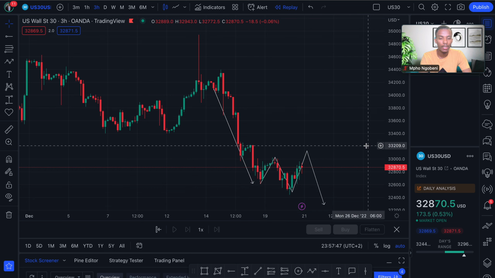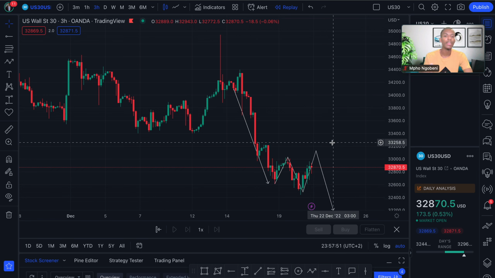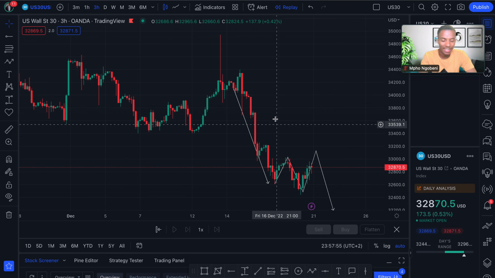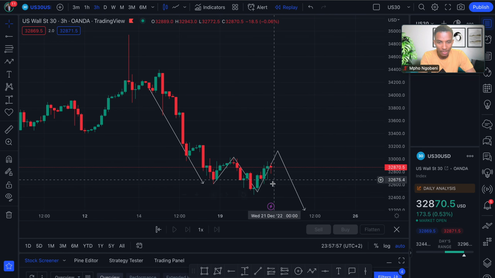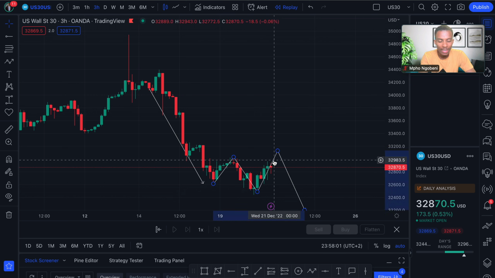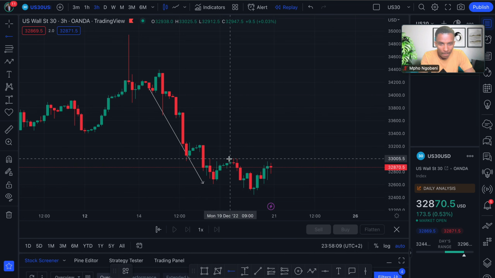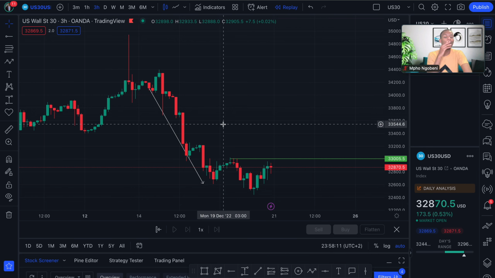That's your formation for tomorrow, and then we're going to be pushing way down. You understand? The M is coming slowly but surely. It's forming, and then it retests the 19th, which here is a high.